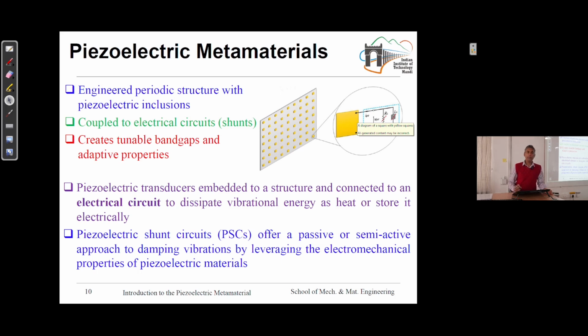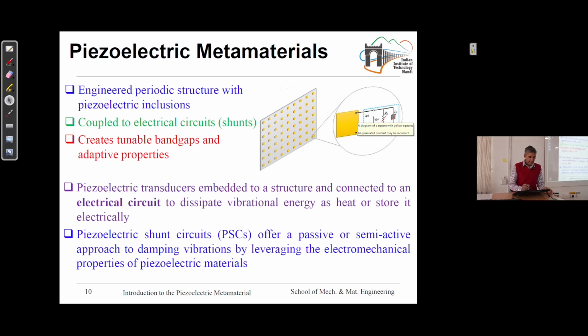In the traditional piezoelectric smart structure, we do need a controller for every purpose, but here we can avoid the controller, and even the electric battery, right?